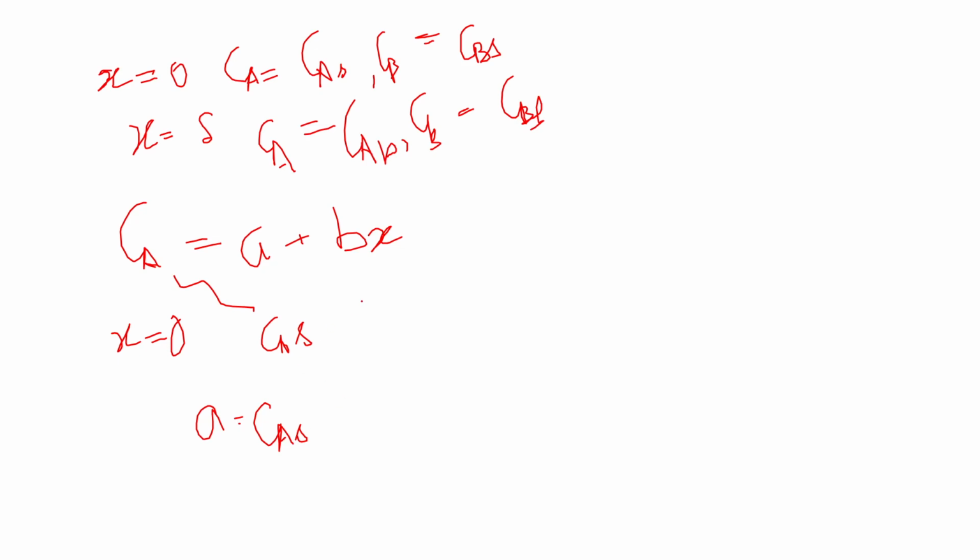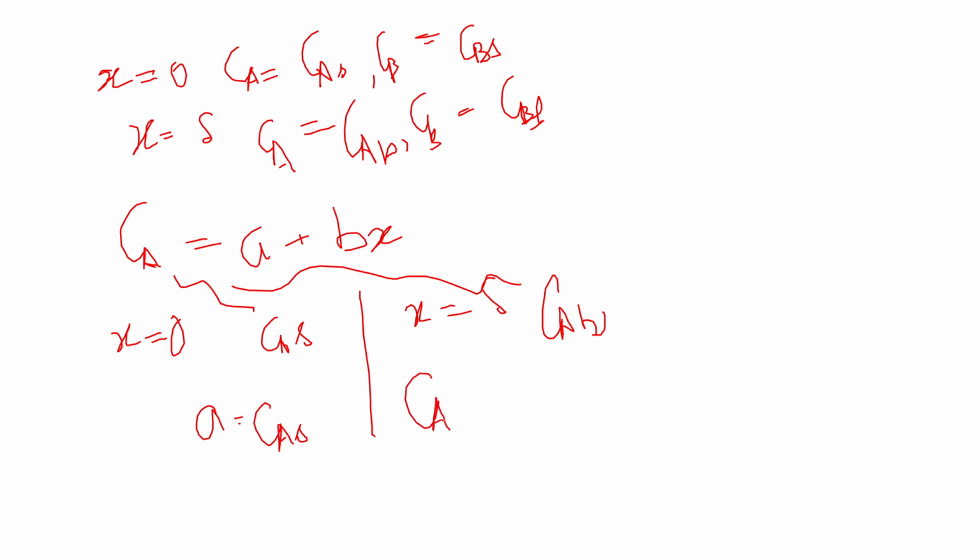Now the next condition is x equal to delta. It will be equal to CA bulk.